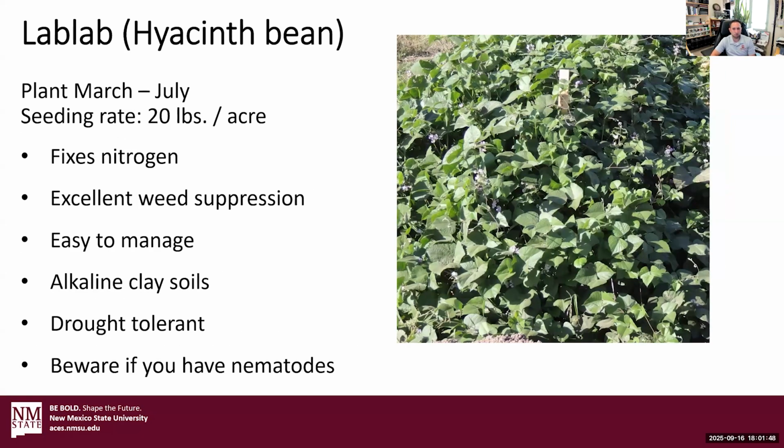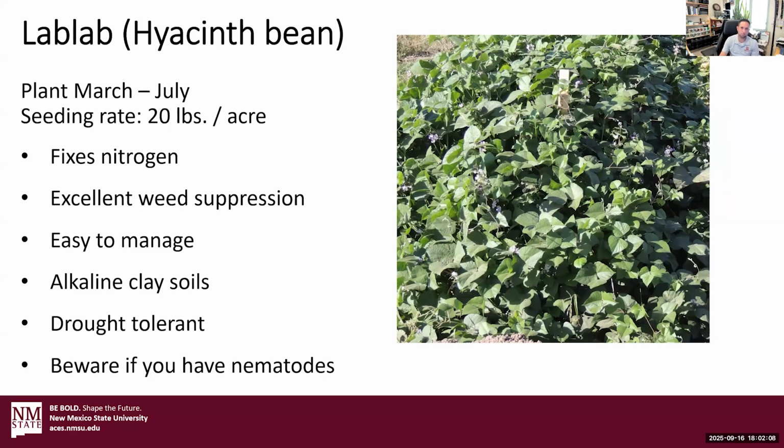The next one is lablab, or another name for it is hyacinth bean. Again, plant March through July, seeding rate about 20 pounds per acre. This one also fixes nitrogen really well because it is a bean. Excellent weed suppression.